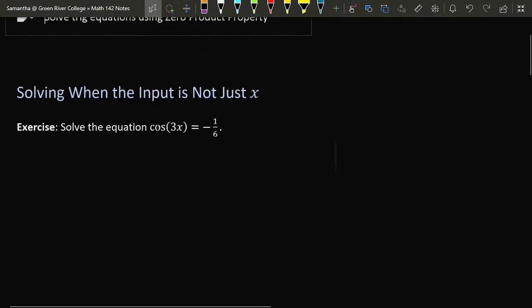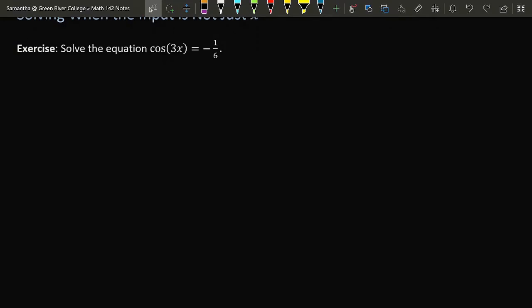So in this exercise, let's demonstrate what needs to be done if you're trying to solve a trig equation where the input of cosine is not just the variable. In this case, the input of cosine is 3 times the given variable. I'm going to start this problem in much the same way that I did the exercises from yesterday.